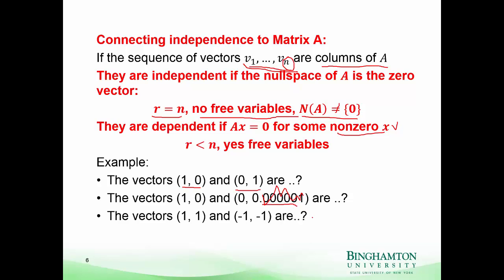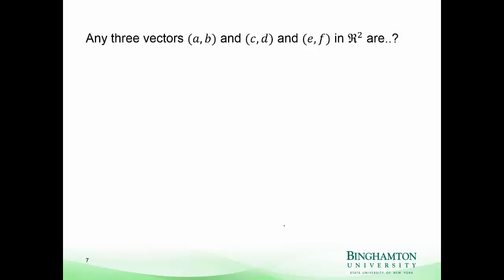What about 1, 1 and minus 1, minus 1? Dependent, because all I have to do is multiply this one by negative 1 to get that one. Any 3 vectors in R2? Well, this is what we had been talking about on one of our previous slides. They could span. They don't have to span, but they certainly cannot be linearly independent.